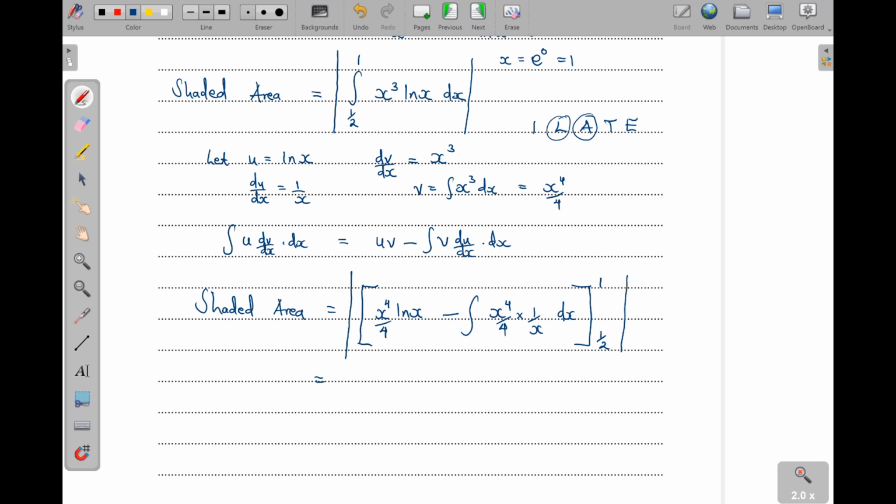Now we can continue. This one is going to be x to the power 4 over 4 times the natural log of x, minus, this one is going to reduce to x cubed. We have our limits here, 1.5, but this one we have already seen.